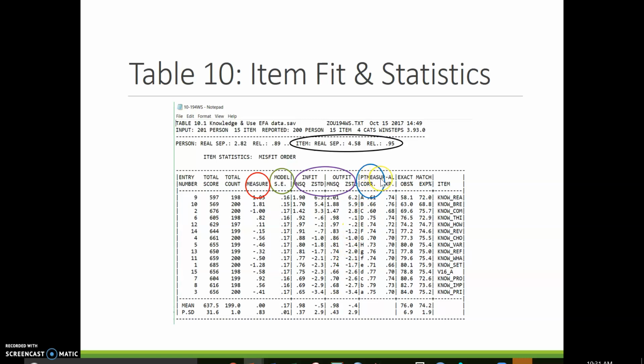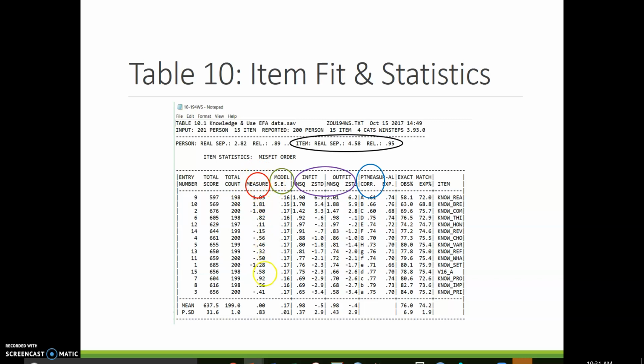The point measure correlation is something that we saw when we did item analysis in SPSS, and this is how the item is correlated to the whole. The model standard error, you're going to be reporting this alongside your measure, which is our logit positions.